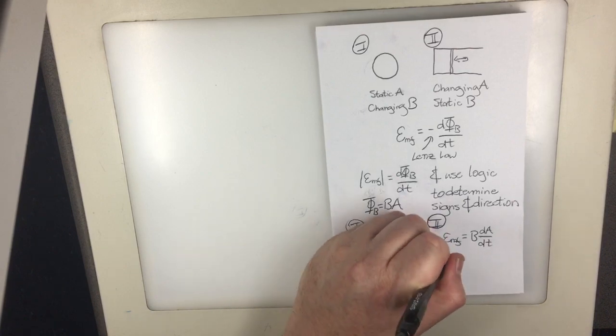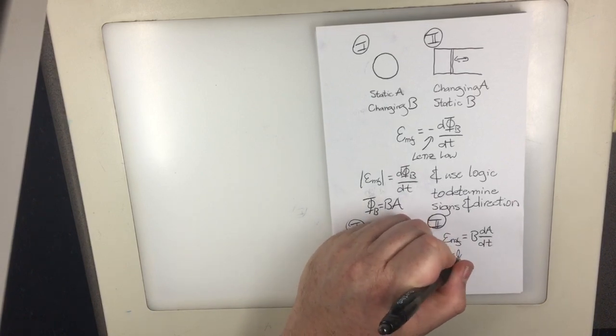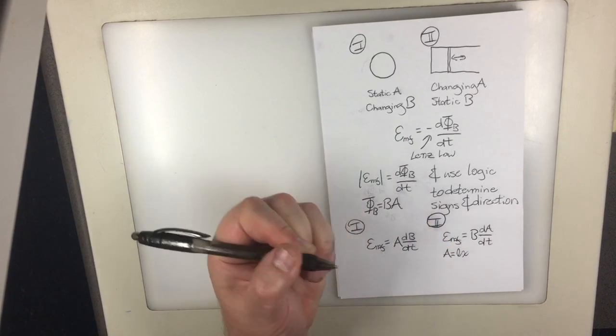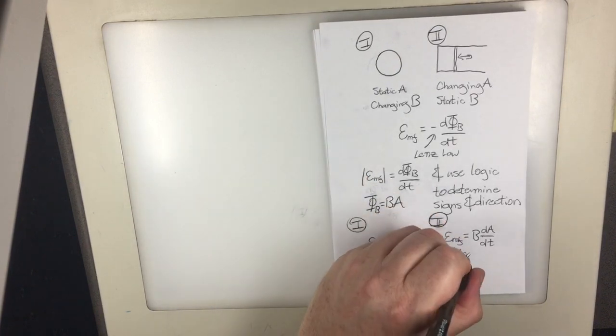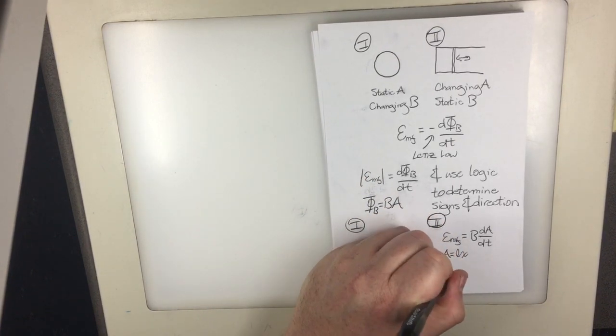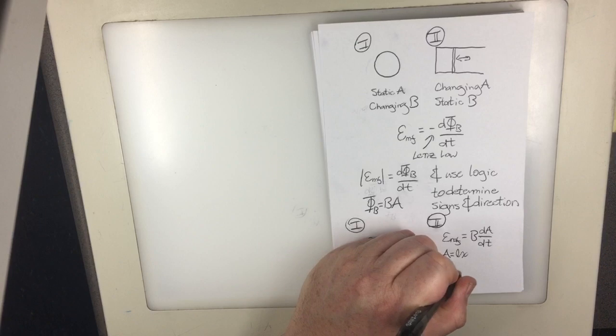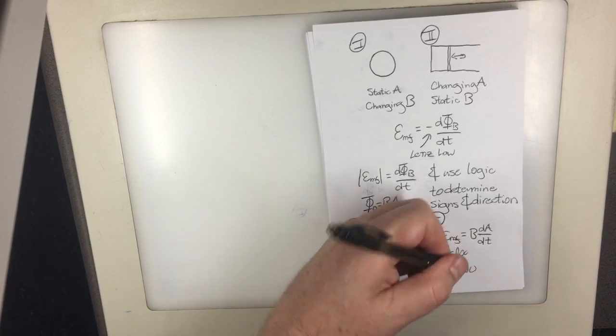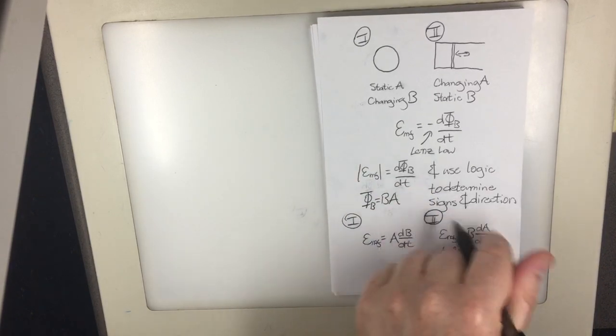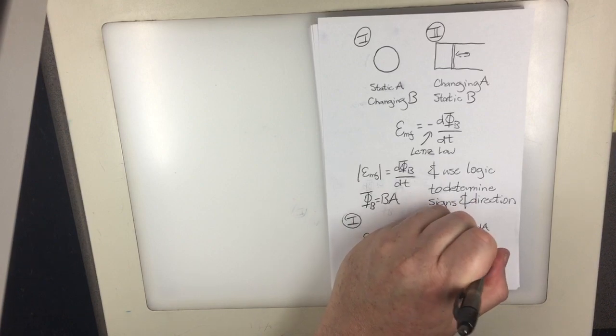Because A is Lx, dA dt ends up becoming LV. So this is simply BLV.